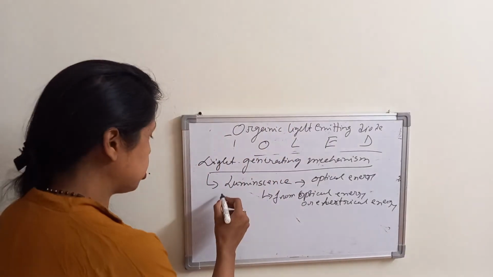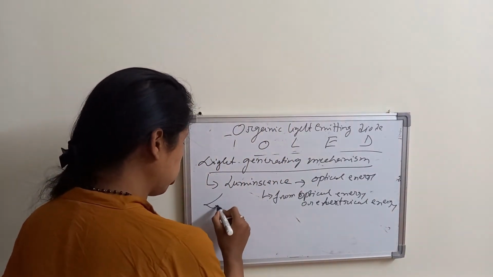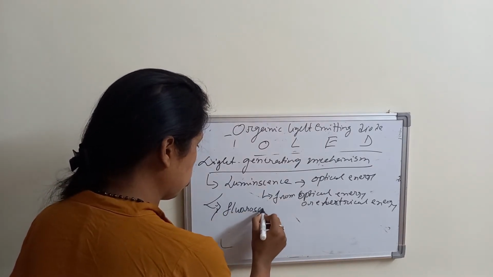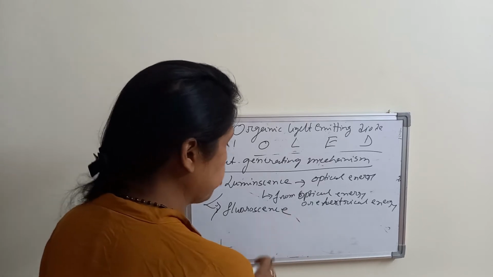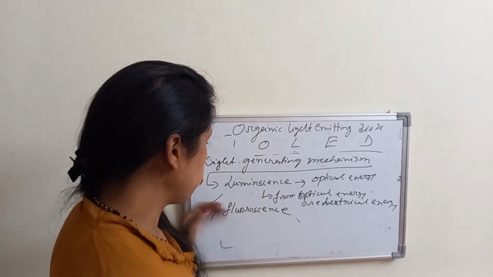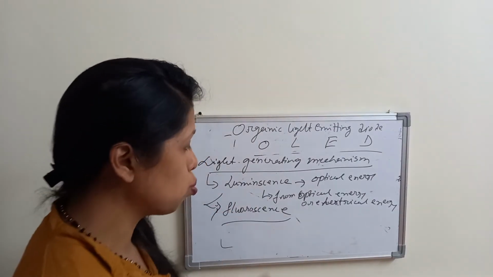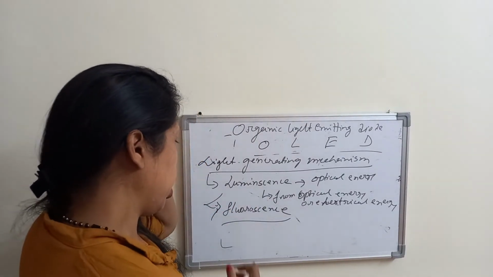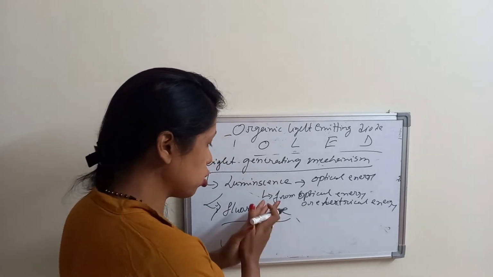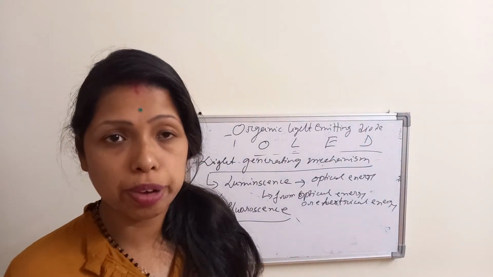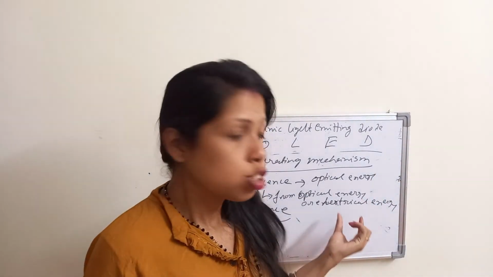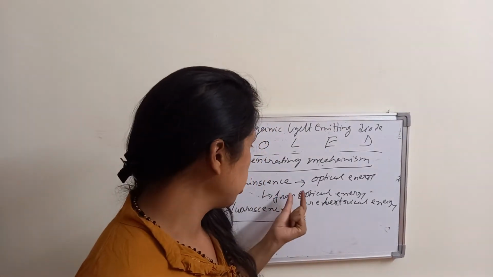First is the fluorescent mechanism, next is the phosphorescent mechanism. Both are almost the same. Fluorescent and phosphorescence mechanisms are mainly under the photoluminescence mechanism, and then there is the electrical energy.